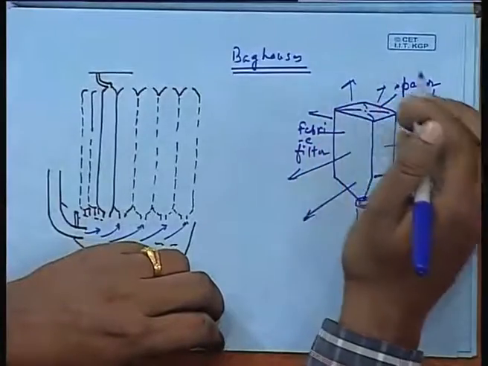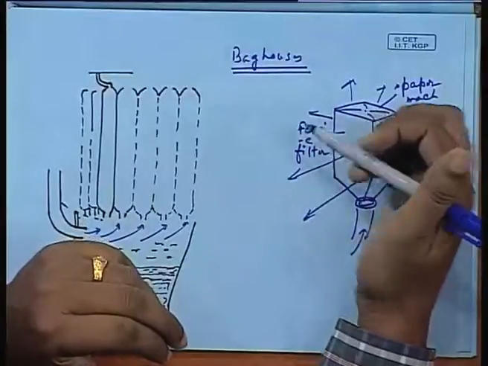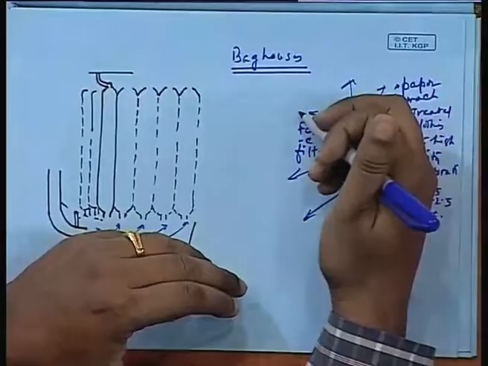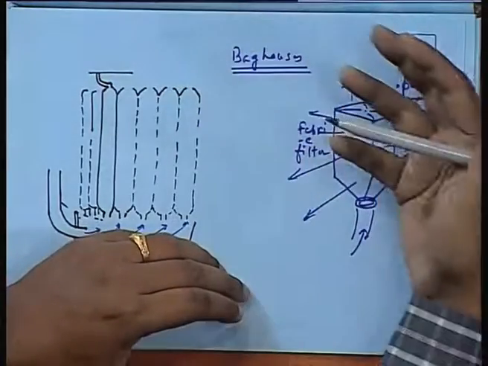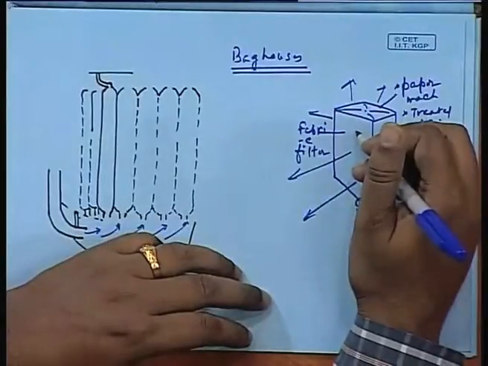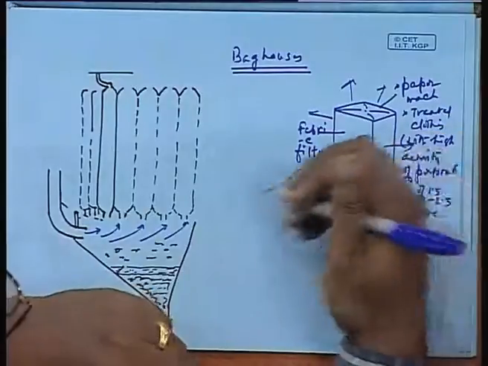You create a positive pressure on the other side, so the air moves from the positive side to the negative side, and the particulates are arrested in the bag, and the bag is cleaned from time to time.